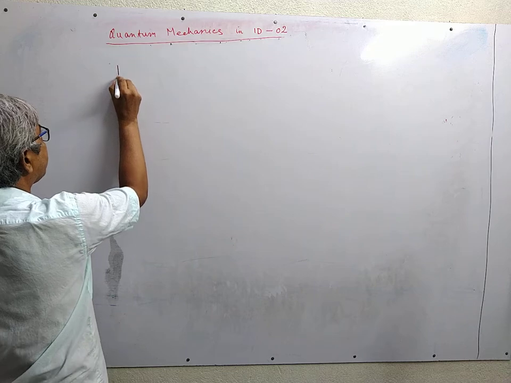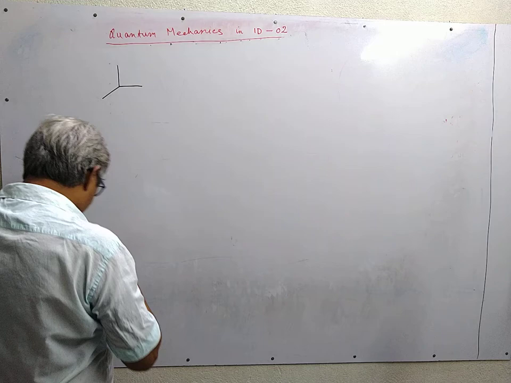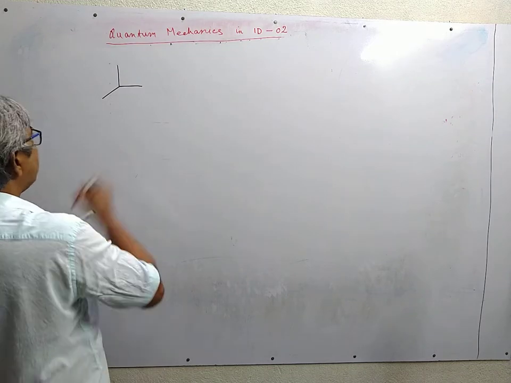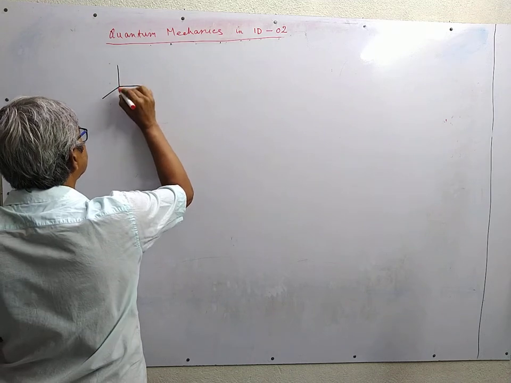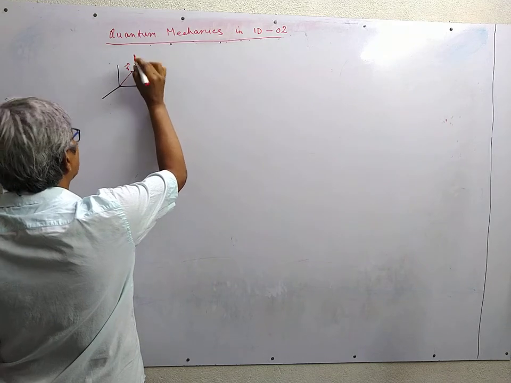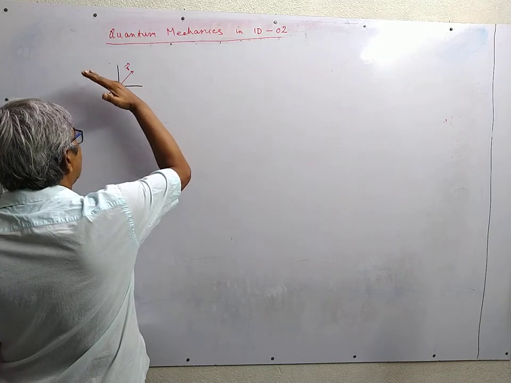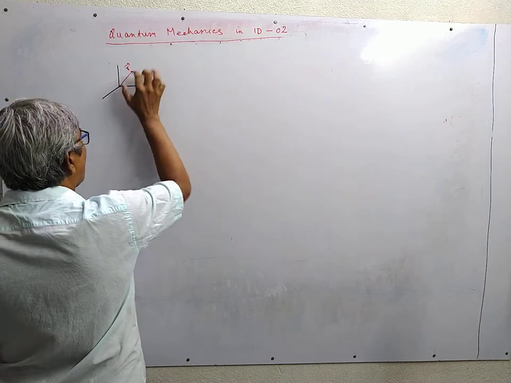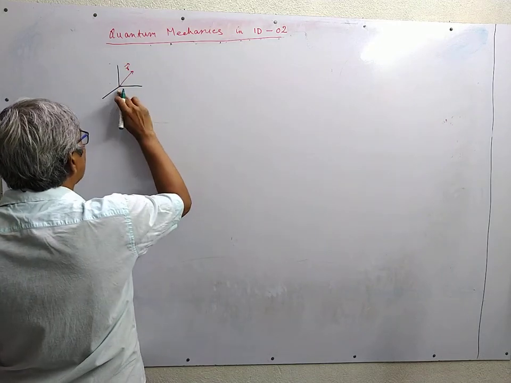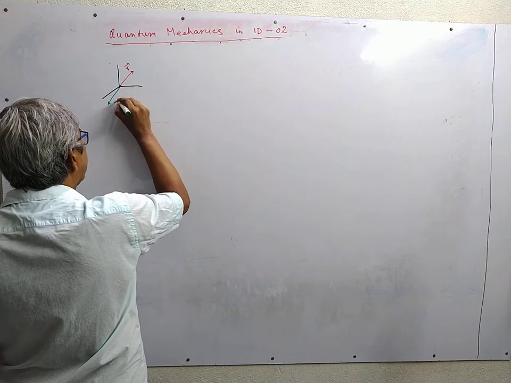Consider we have a three-dimensional coordinate system, and we have a point with position vector r, whatever coordinate system we are using. If we get a reflection of this r with respect to the origin about a plane which is perpendicular to r, we get the position vector minus r.